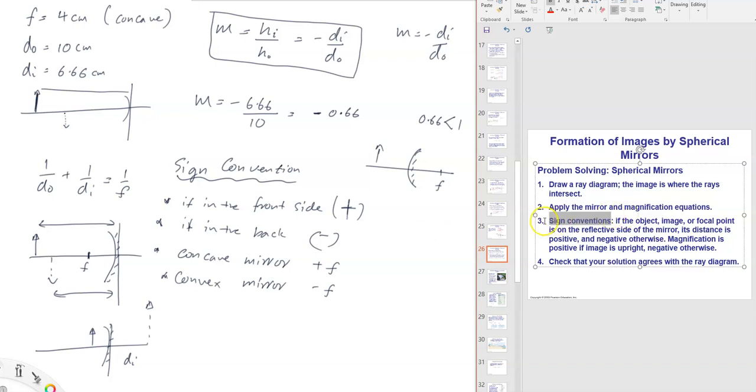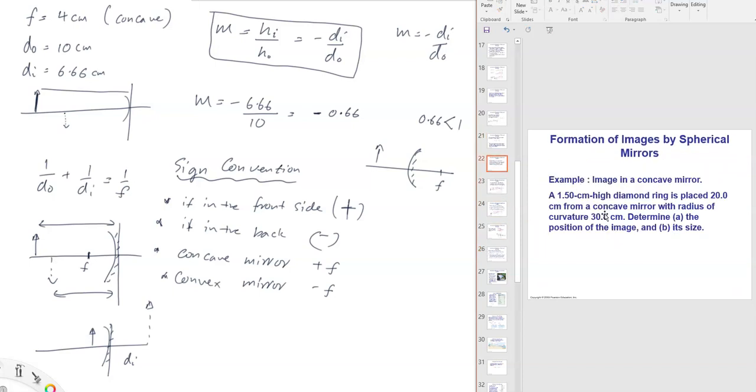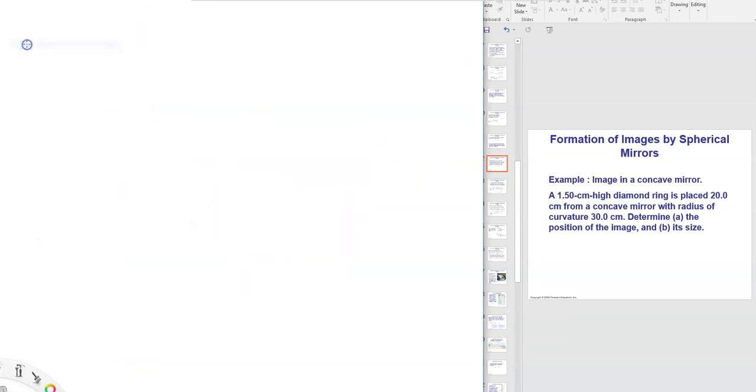Okay. Alright, you guys should work on this before me. Diamond ring 1.5, diamond placed 20 centimeters from a concave mirror, the radius of curvature. Okay. So let's write down the information.